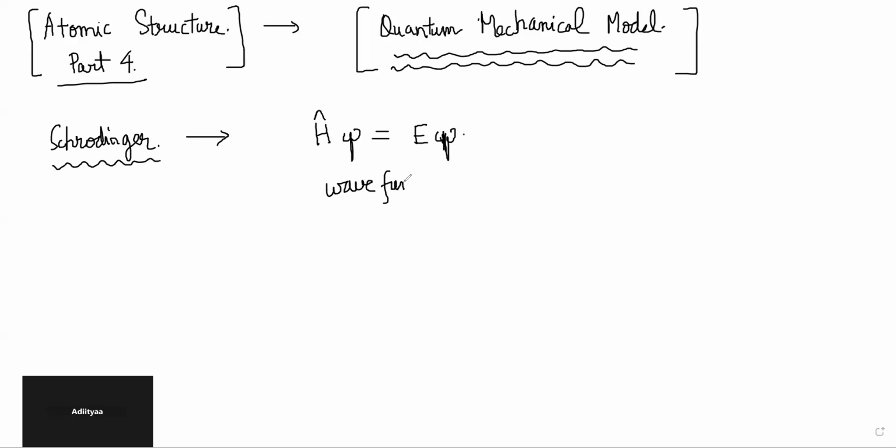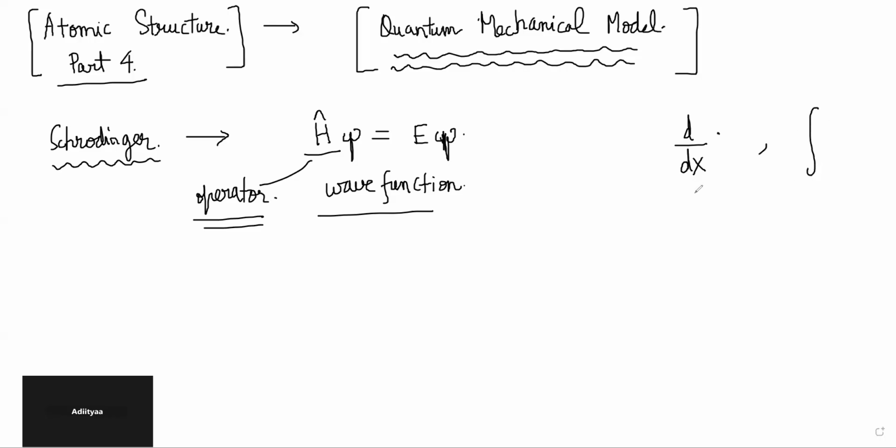So first of all, this is an operator. What is an operator? You have seen symbols like plus, d by dx, integral. These are called operators. They operate on some functions. If you say d by dx of f of x, then you know what it means: you have to take the derivative.